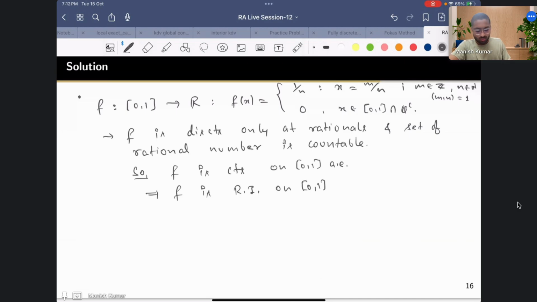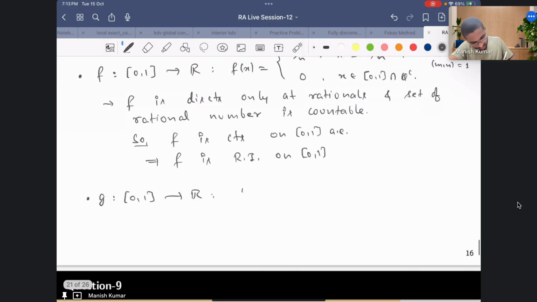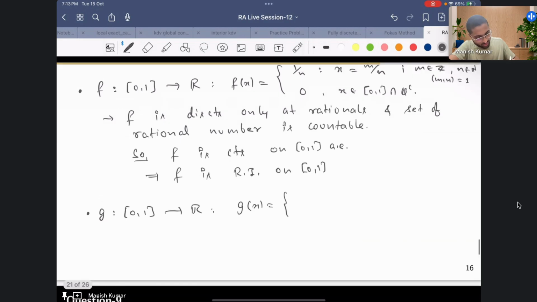Now g would be a simpler function, it's not that complicated. So g you can define from 0 1 to R, so that g of x will take the value 1 everywhere except at 0.